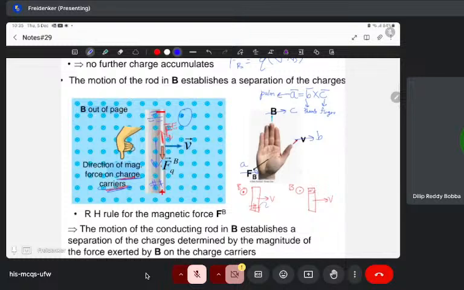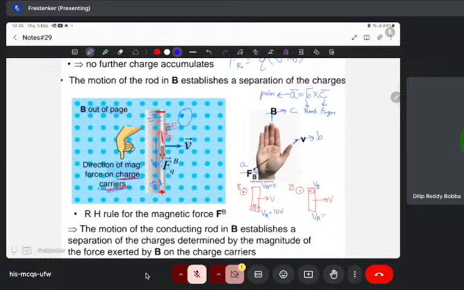The potential difference is the same, because if I say this is VA and this is VB, let's say VB is 0 and VA is 10 volts.